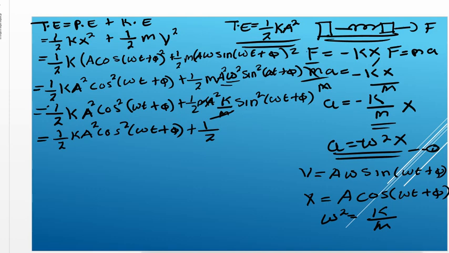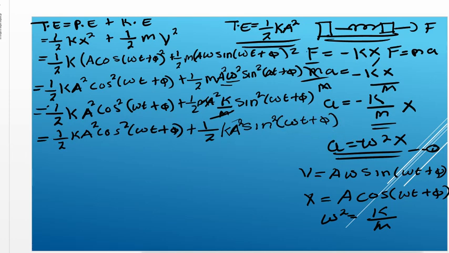So of course, if that cancels, we're going to remain with this k. So the k is going to remain. So we're going to have k A squared sine squared of omega t plus phase.